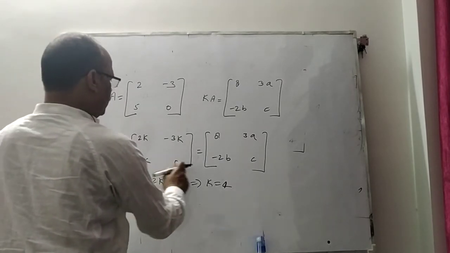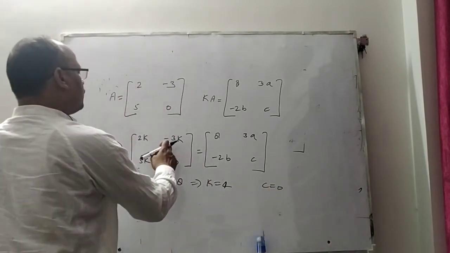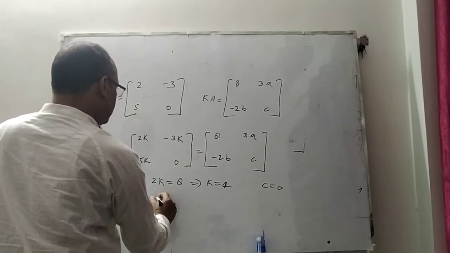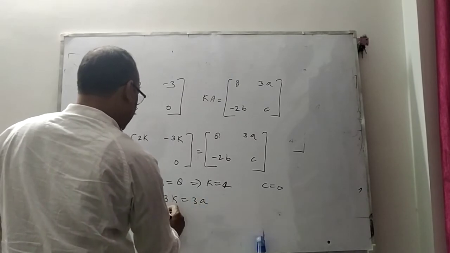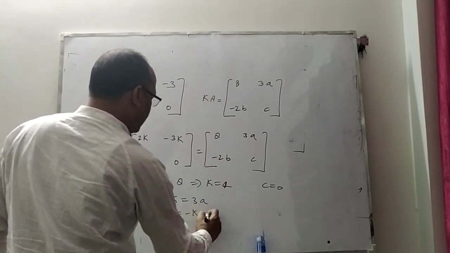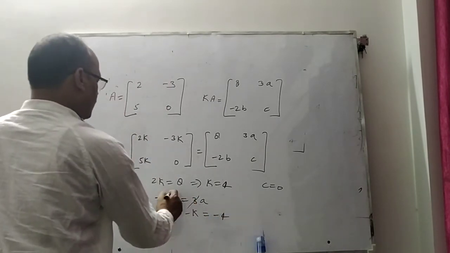And C equal to 0. Minus 3K equal to 3A, so A equal to minus K, equal to minus 4. Correct?